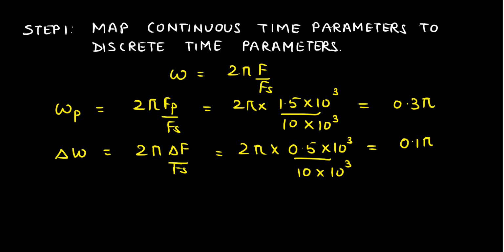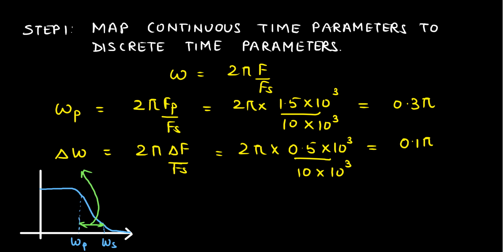So if we remember the typical frequency response for a low pass filter, it was something like this. This was the passband edge, then a transition width, and then stop band edge. This frequency was the passband edge and this frequency was the stop band edge, and the difference between the passband edge and stop band edge was the transition width, that is delta omega.